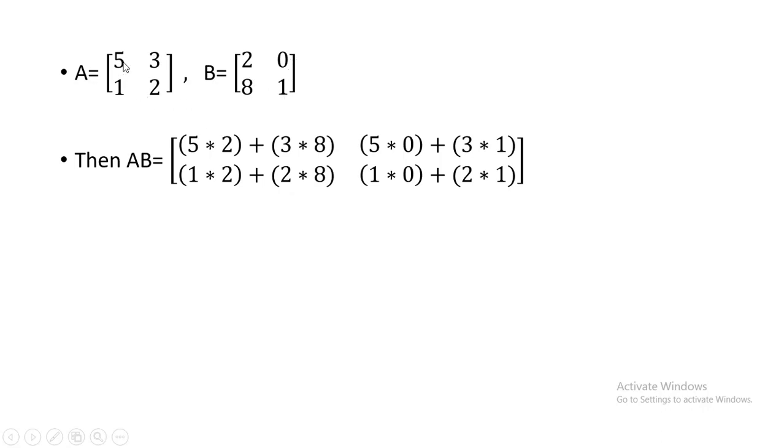First, the first row first column entry of matrix A, which is 5, will be multiplied by the first row first column entry of matrix B. The sign we are going to use is plus in between. Then the first row second column element of matrix A will be multiplied by the second row first column of matrix B. So 3 multiplied by 8.